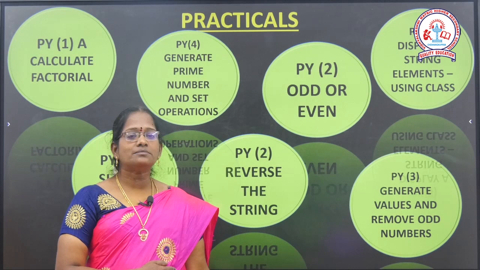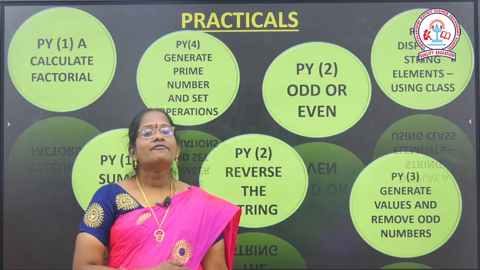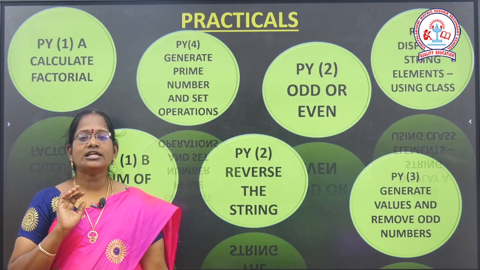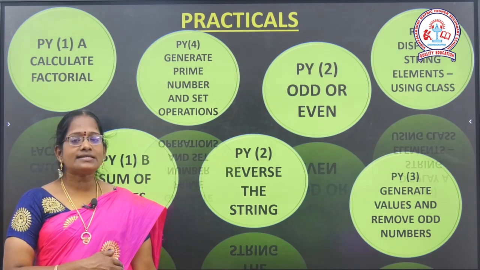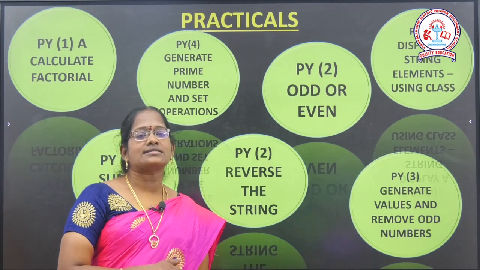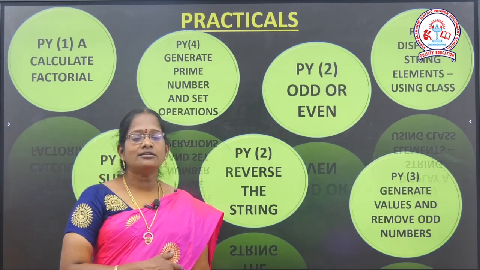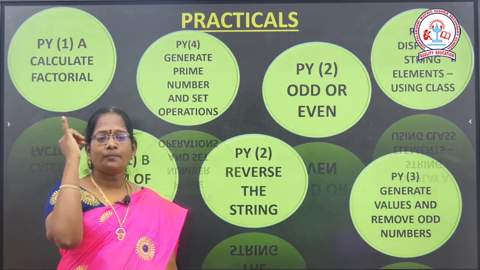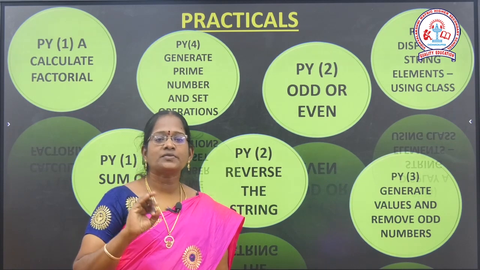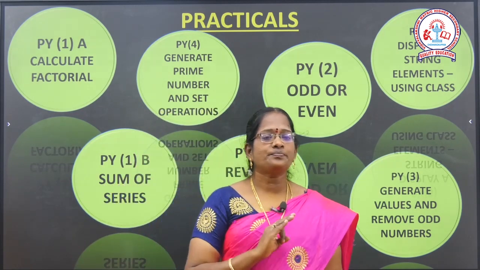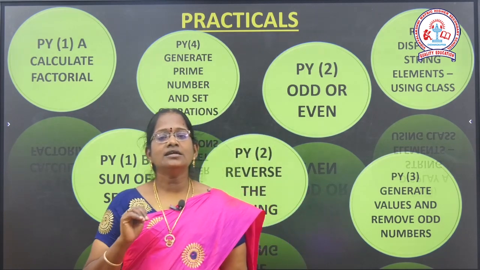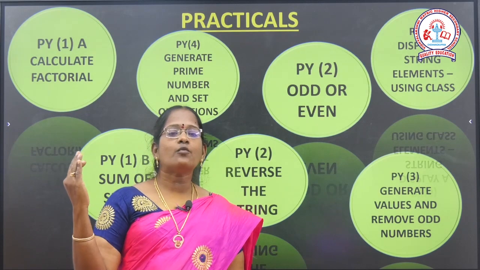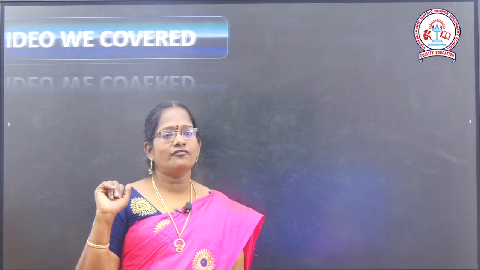The final one, the fifth: display a string element using classes. We have only 5 different programs: 1A, 1B, 2A, 2B, then 3, 4 and 5.